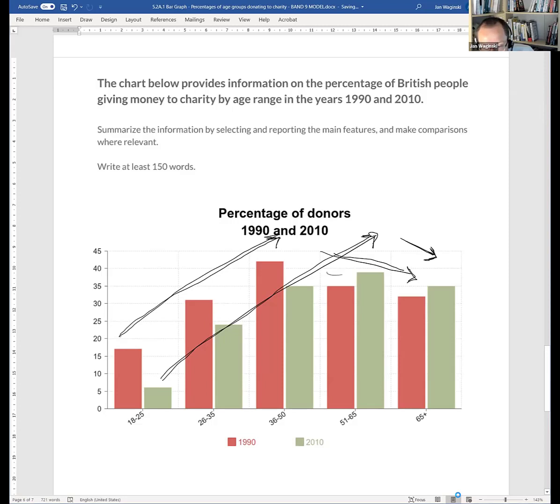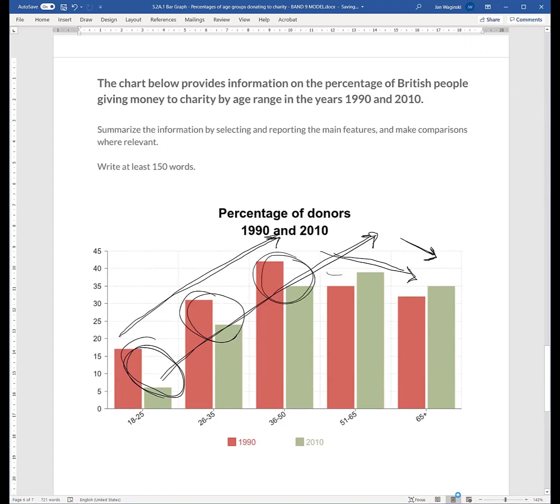But the other factor that you're going to talk about is this big difference here, and this. So these first 3 groups, far fewer people gave money in 2010 compared to 1990.